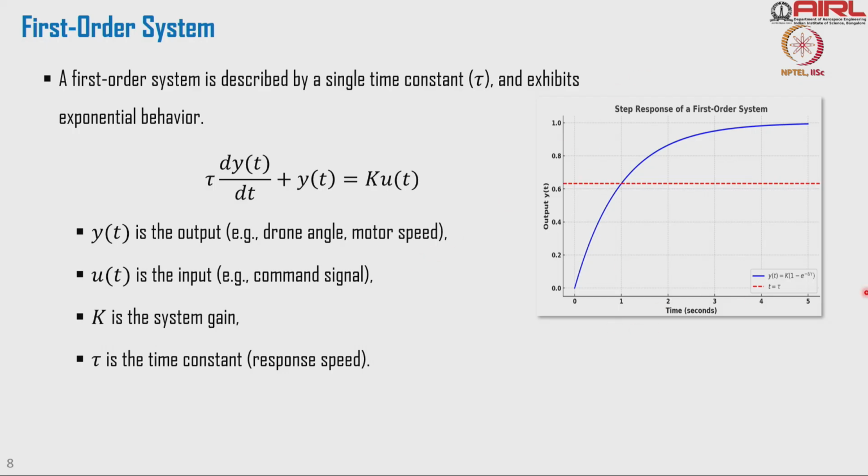Now if you look at the response for a unit step input, I am at a certain velocity or RPM, let us say 1000 RPM, and I want to increase it from 1000 to 1100. How does the system respond?